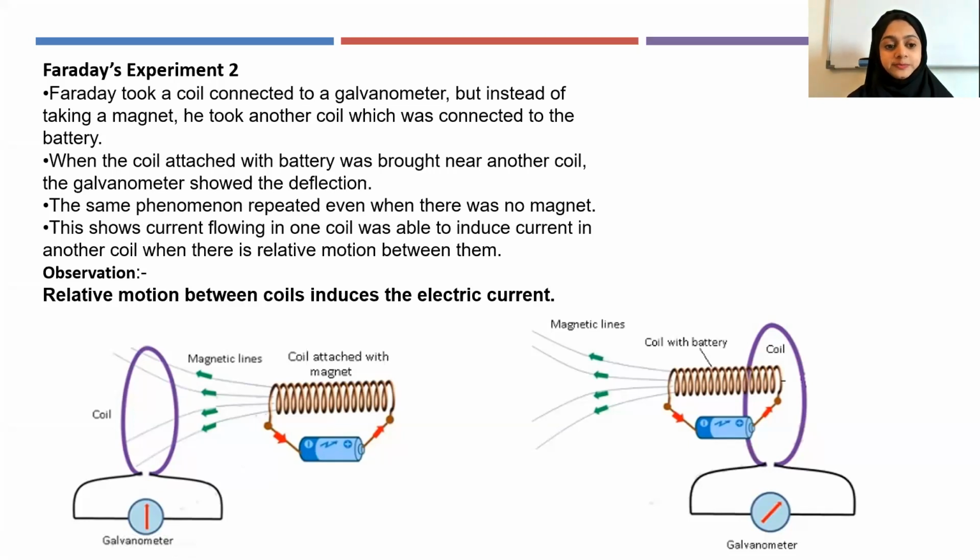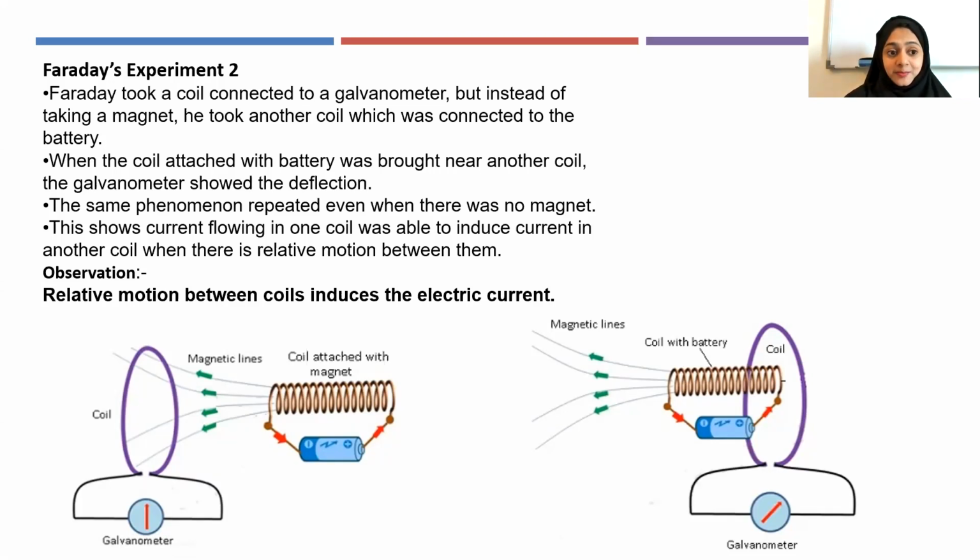Is that clear now? Yes, teacher. Also, if they are moving with the same magnitude of velocity but in different directions, then also there will be deflection in the galvanometer showing the presence of electric current. Okay, so whichever way there is relative motion, there will be induction of electric current.